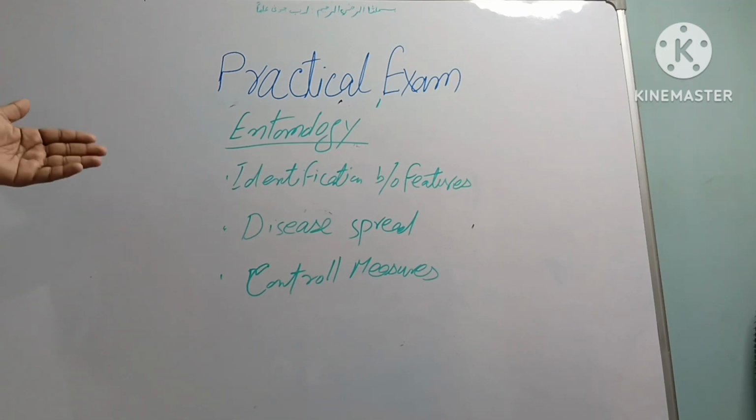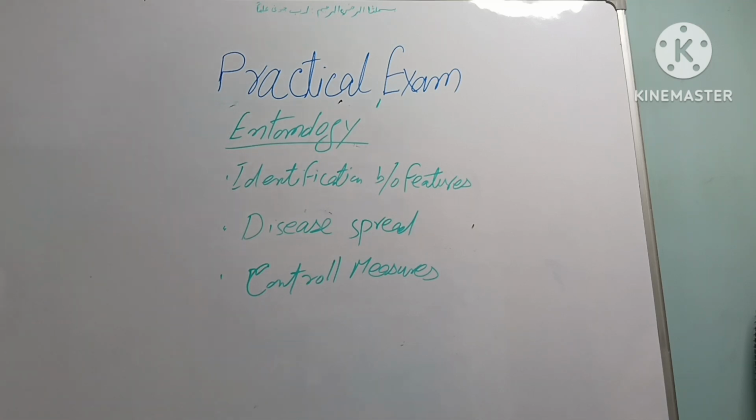Then in the next part, what disease it spreads might be asked. Just what I discussed about every spot, it may be asked what disease it spreads. Then again the control measures. For a particular insect in entomology, we study their nature or other characteristics, and based on these we develop the control measures.